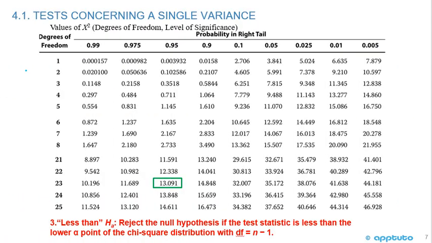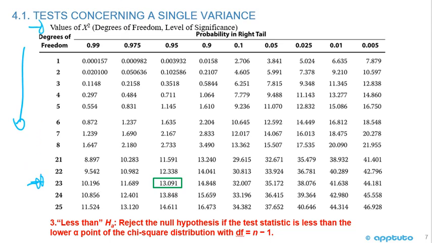I've cut out from the back of the text some data from the chi-squared tables. You can see on the rows we have the degrees of freedom. We calculated it was 24 months, so n minus 1 equals 23, so we went to row 23.